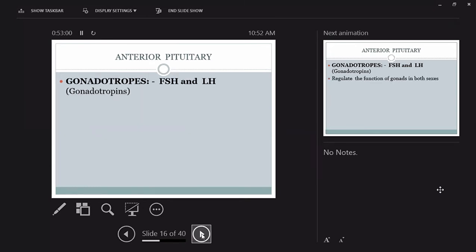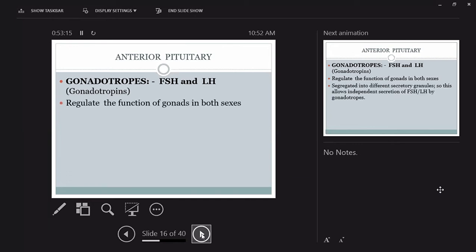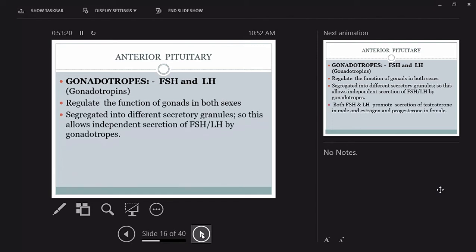Your gonadotropes produce FSH and LH, follicle stimulating hormone and luteinizing hormone. These regulate the function of the gonads in both sexes, the male and the female, segregated into different secretory granules.